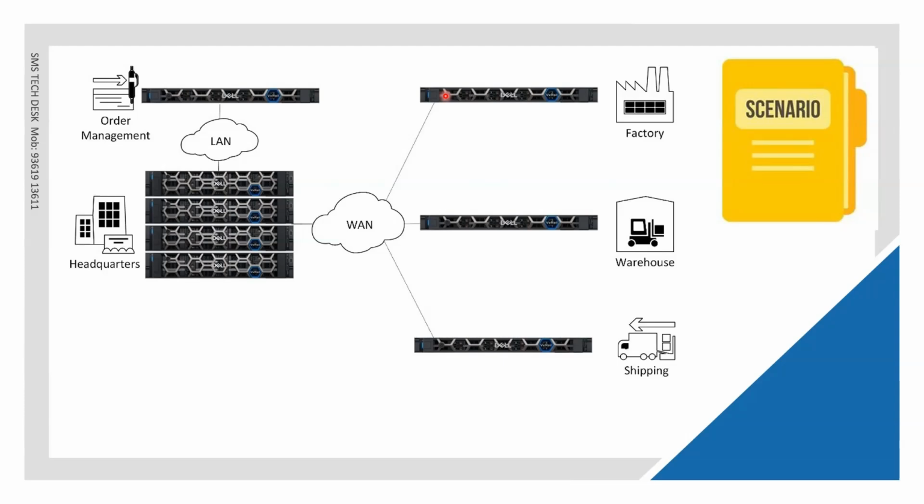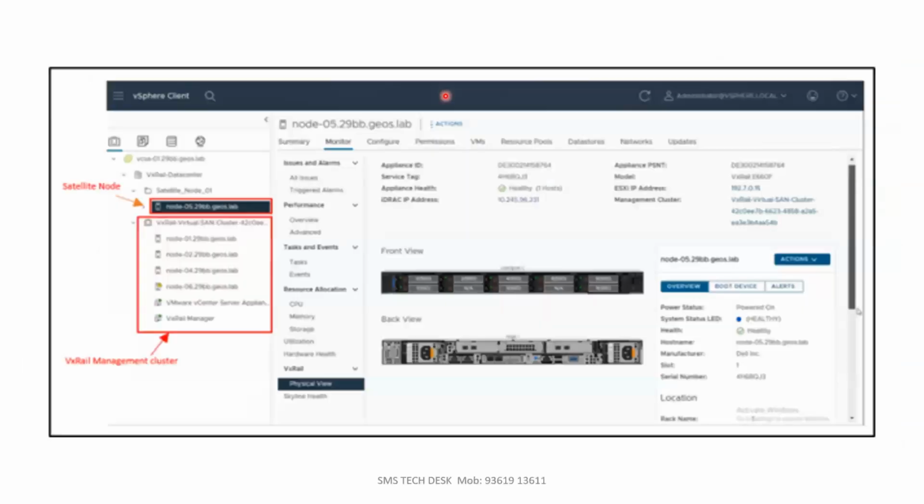This is an example screenshot of a 4-node cluster, and the satellite node will be added separately inside a folder. It won't be a member of the normal VxRail vSAN cluster.